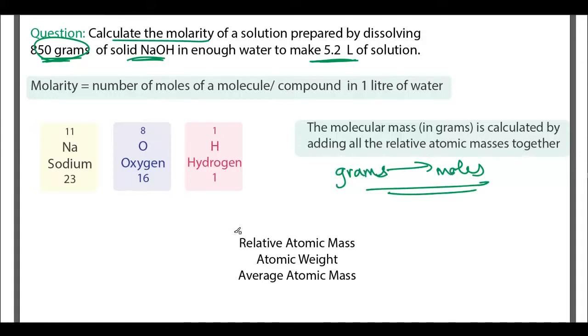First of all we have to have a look at our periodic table, and look at the elements that constitute sodium hydroxide. So we've got sodium, oxygen and hydrogen. The number at the bottom of each of these elements is variably known as the relative atomic mass, or the atomic weight, or the average atomic weight.